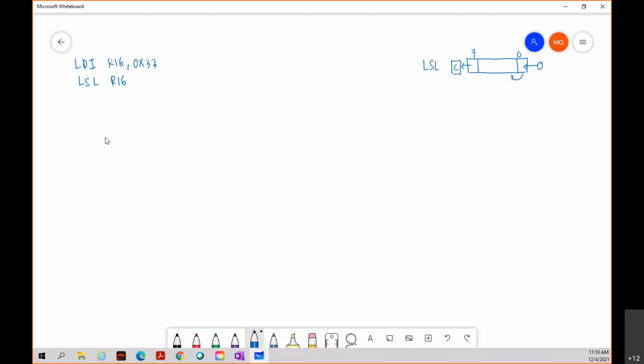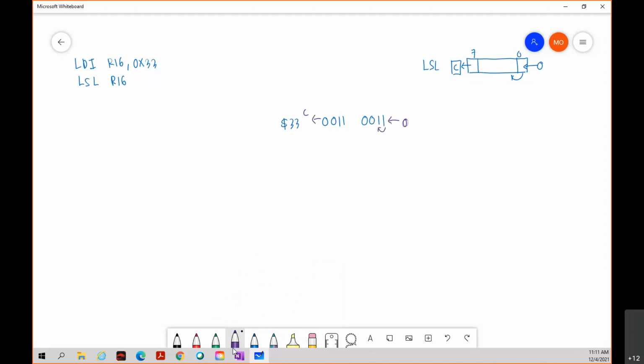So what you're going to do here is change this hexadecimal to binary representation. So 0x33 changed to binary, you will get 0011 0011. Okay, then by using this operation here, 0 from outside goes to bit 0, and the rest will be shifted to the left by 1 bit, and this one will go to your C flag.